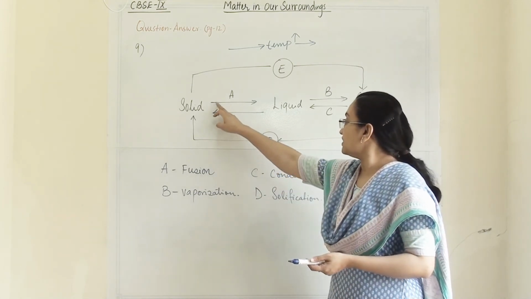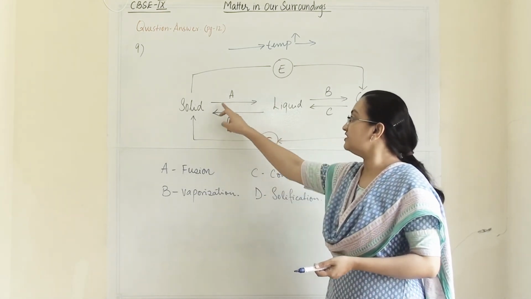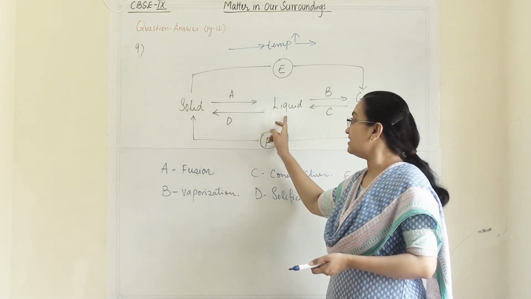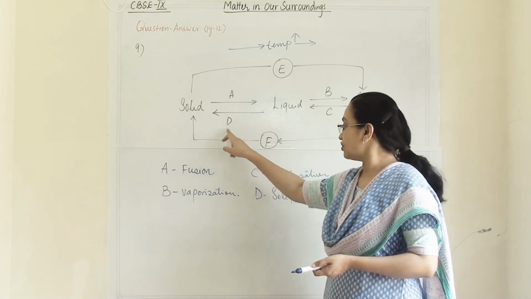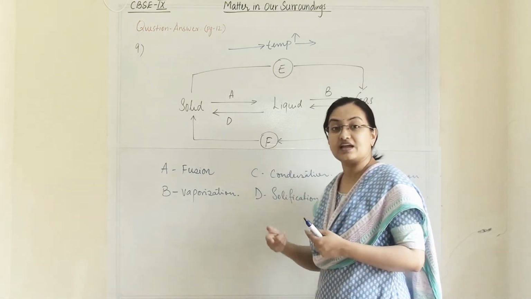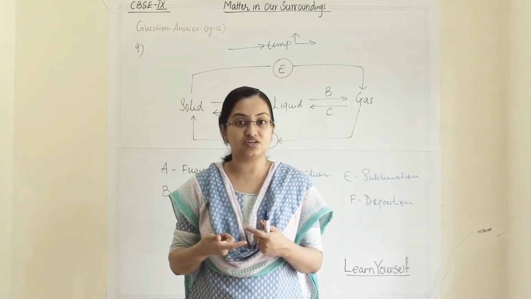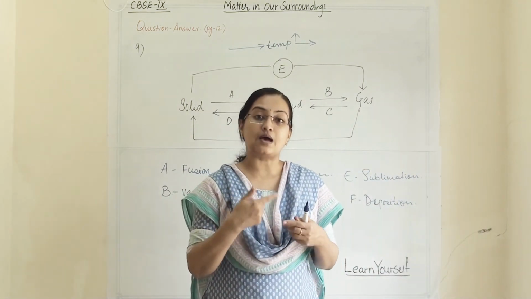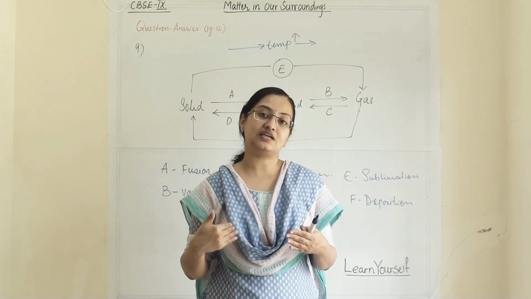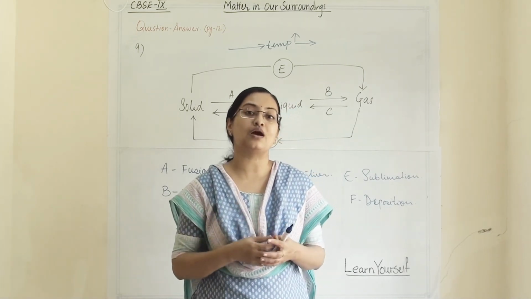While solid is converting into liquid with the effect of temperature, the name is fusion, but while liquid is converting into solid, that process name is solidification. So it depends upon whether it is happening with increasing or decreasing temperature. This you have to remember.